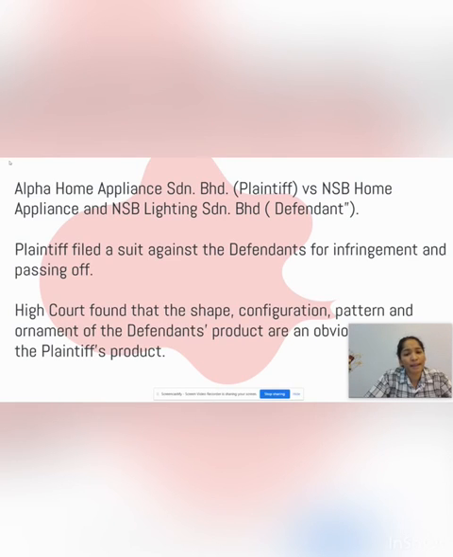NSB Home Appliance is a company incorporated in Malaysia and its business includes the manufacture, import, export and distribution of all kinds of home appliances, and NSB Lighting Sdn Bhd, referred to as the second defendant, has a nature of business in trading electrical lighting fittings.